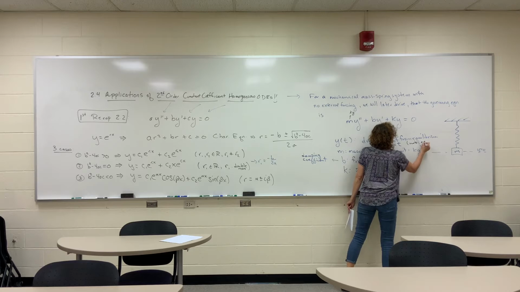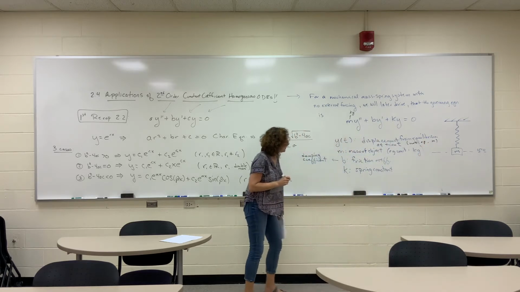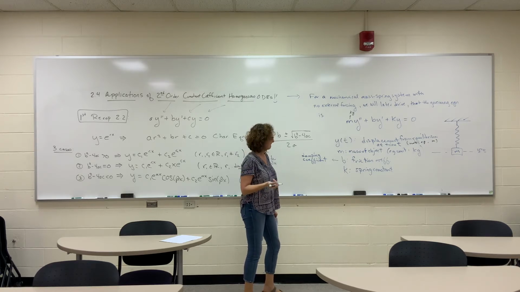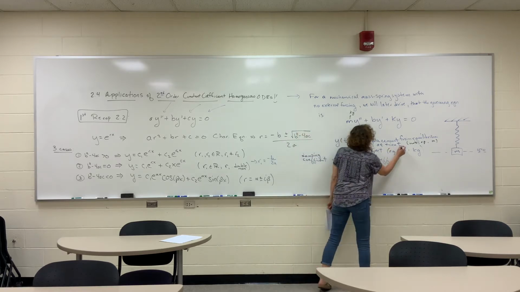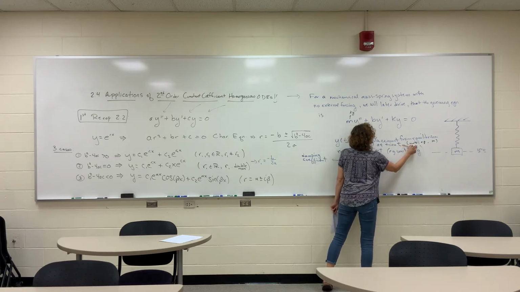So if we measure displacement in meters, then what's Y double prime measured in? Well, what are we going to measure time in? Let's say displacement is meters at time t, in seconds.